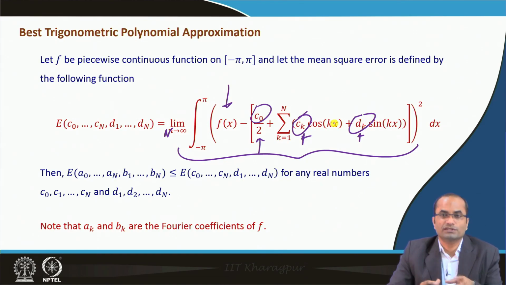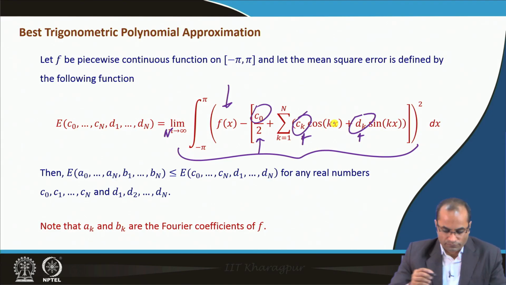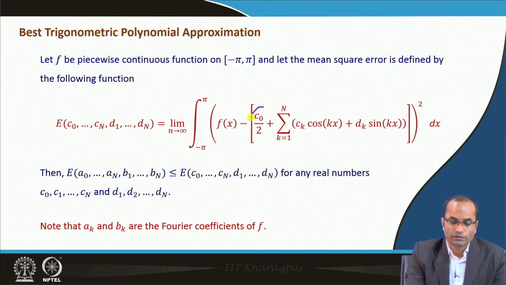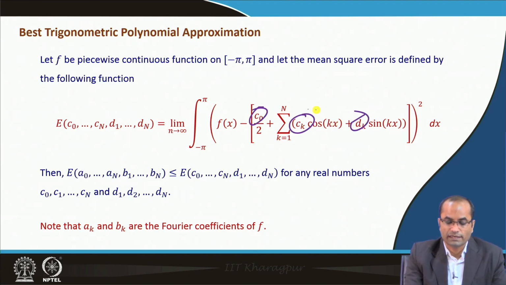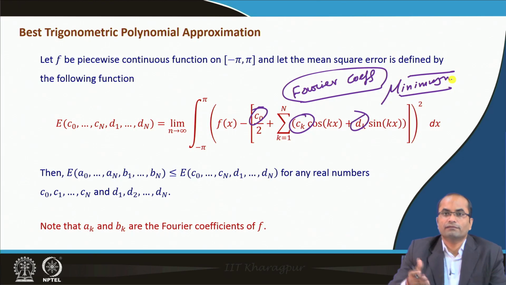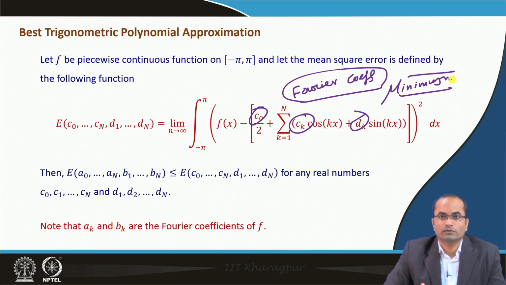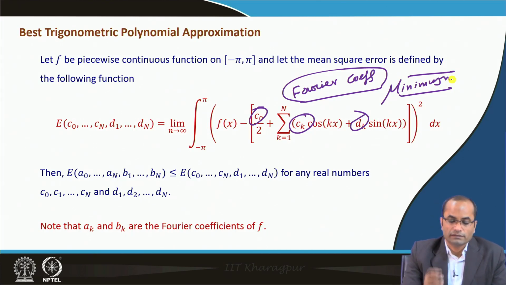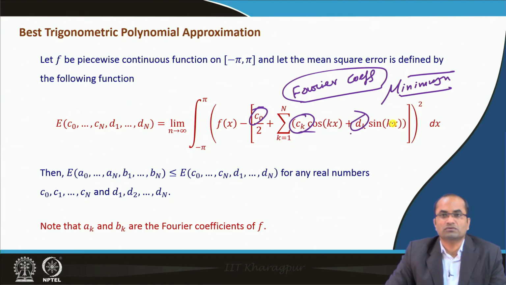So, we have the best trigonometric polynomial by choosing the coefficients of the polynomial as Fourier coefficients. If we choose these as Fourier coefficients, then such error is minimum. In that case, we cannot have a smaller error than this one by choosing some other coefficients.